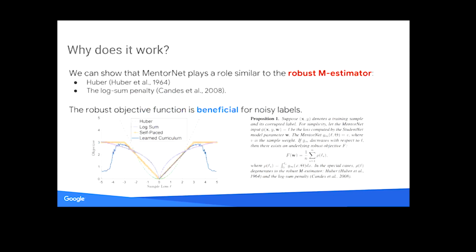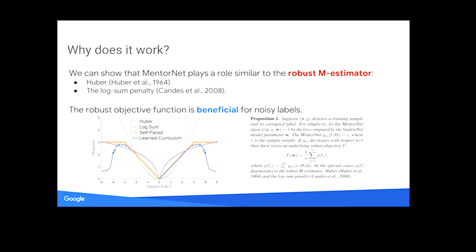An interesting question to ask is why does it work? By some theoretical analysis in the paper, we show that by introducing such a MentorNet, you're optimizing a latent robust version of your loss function, which plays a similar role to the robust M-estimator, including the well-known Huber loss and the log-sum penalty.